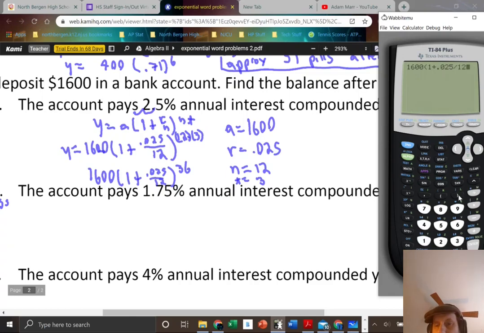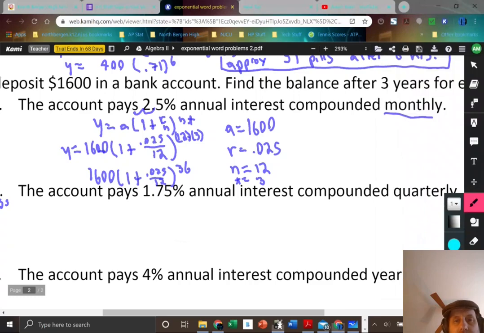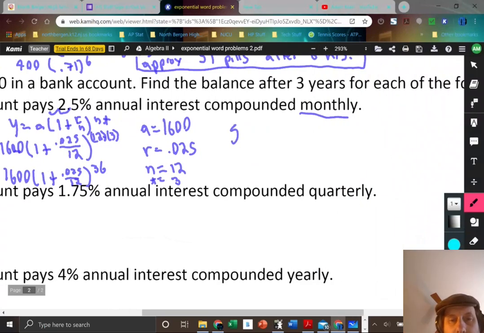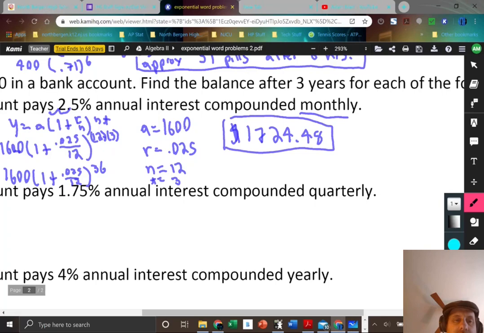Then you close the parenthesis, and that's to the 36 power. So you can do it all at once like this. That's going to be 1724.48. So my answer is $1,724.48, rounded to the nearest cent, so rounded to 2 decimals.